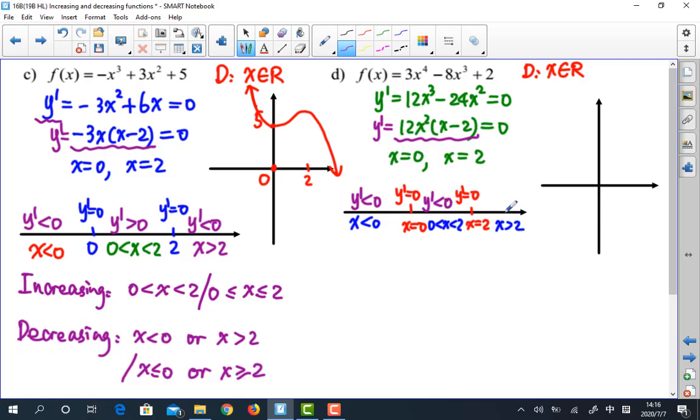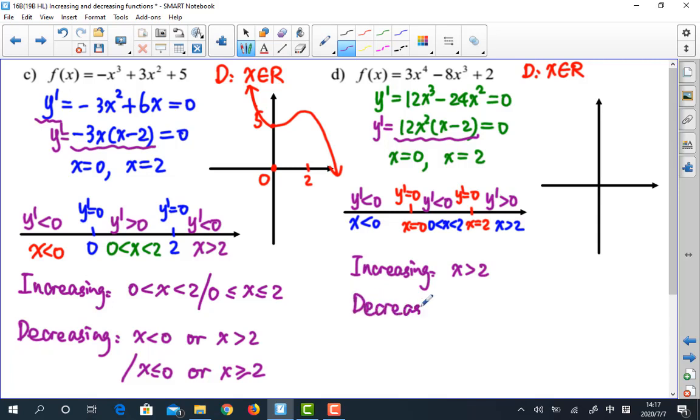Let's pick up any value from this interval, x is greater than 2. So let's say 3. Positive times positive. 3 minus 2 positive. Y prime is positive. So you will see the increasing interval is x is greater than 2, or x is greater than or equal to 2, because on this interval y prime is greater than 0.